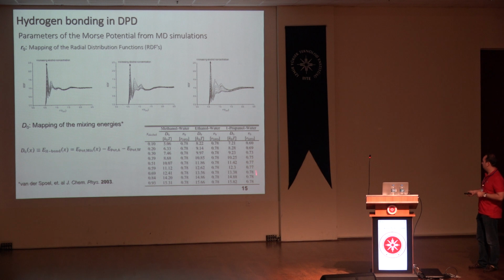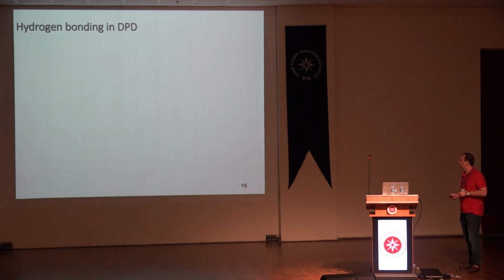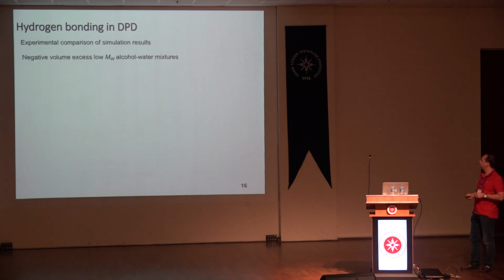Here you have some difference, but you can imagine that we are not considering the directionality at the surface. This is probably the reason why we have different values for R0. But the structure is predicted, as I showed in the next slide.